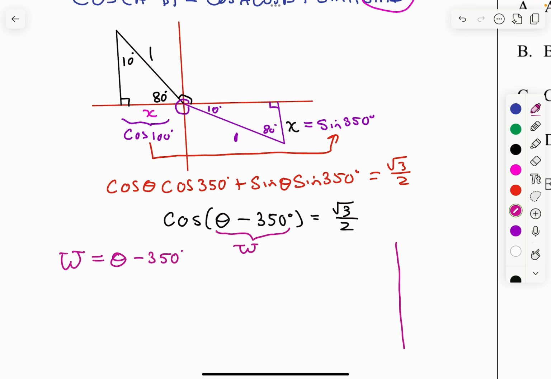Over here, let's decide where cosine is equal to root 3 over 2. That happens in quadrant 1, at 30 degrees. That's a half. This is root 3 over 2, so it happens at 30 degrees. And then it also happens at negative 30 degrees, or any angle coterminal with that.